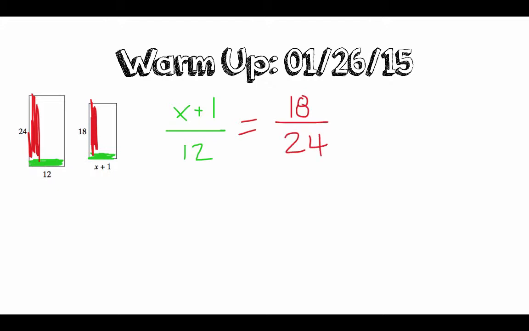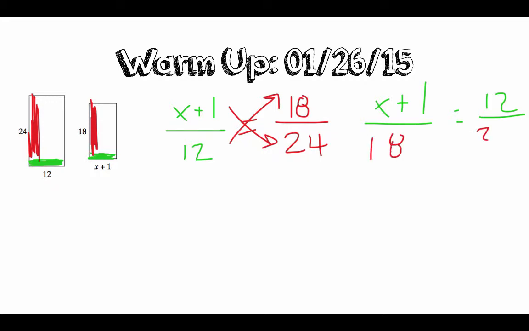One thing to be careful of is to make sure that you are keeping the same corresponding sides either across the top or one on top of the other. So another way to write this would be x plus 1 over 12 equals 18 over 24, and it would come out to the same thing.